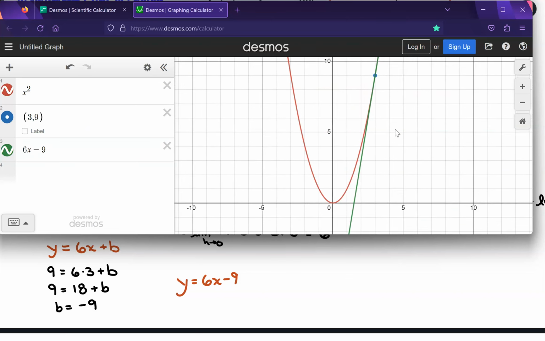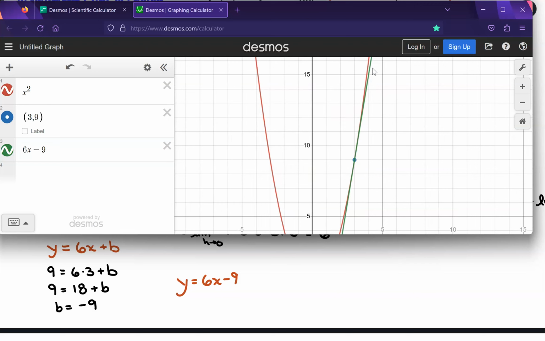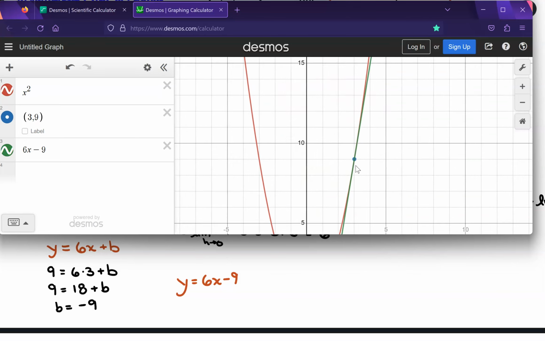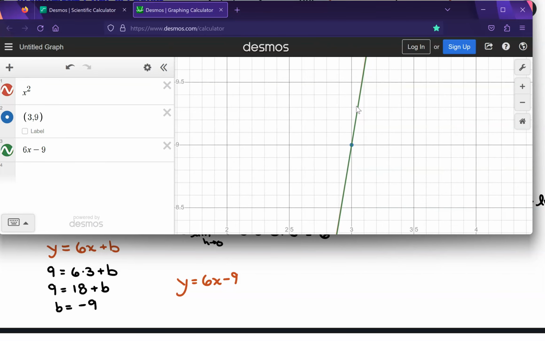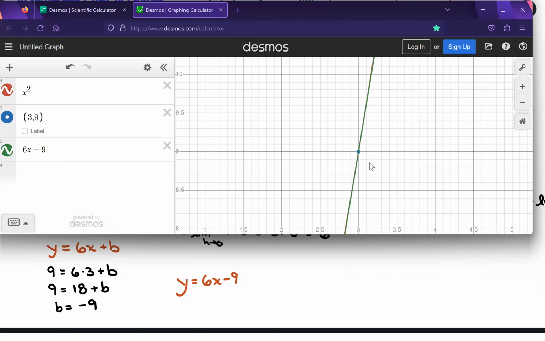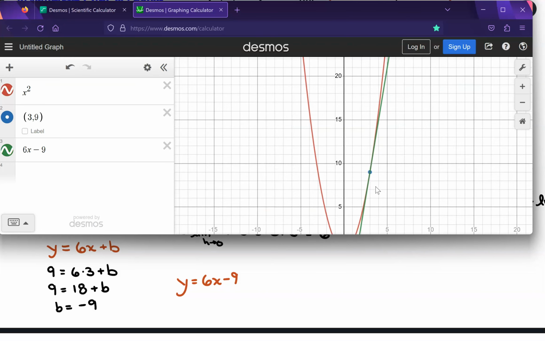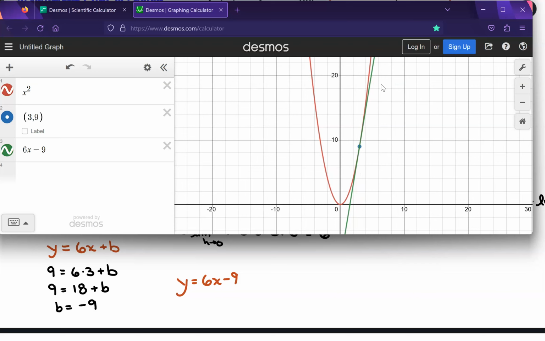What we should be getting is a visual of a tangent line that is hitting right at that point and matching the slope. So if I zoomed in, it basically looks linear with the two functions overlapping with each other. But if I zoom out, I could see it as a tangent line matching up at the slope just at that coordinate and only going through that coordinate.